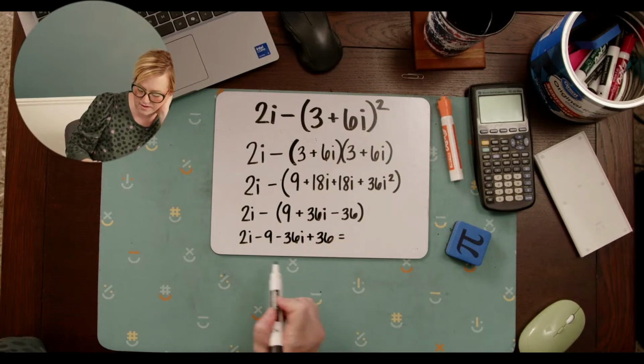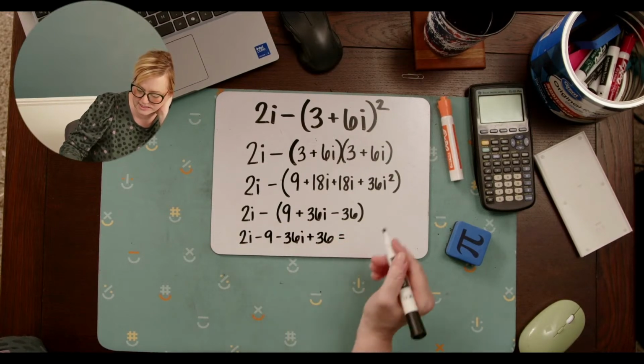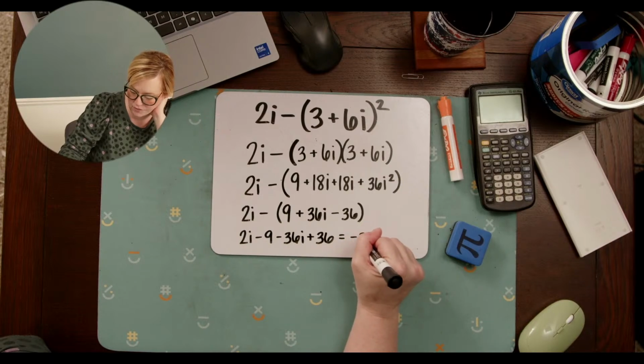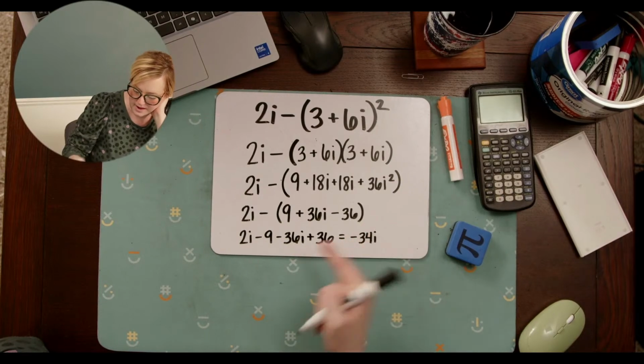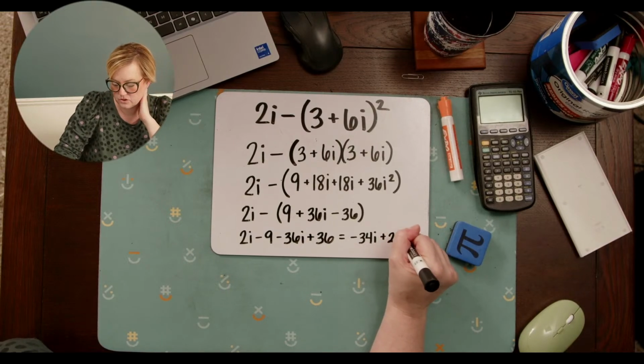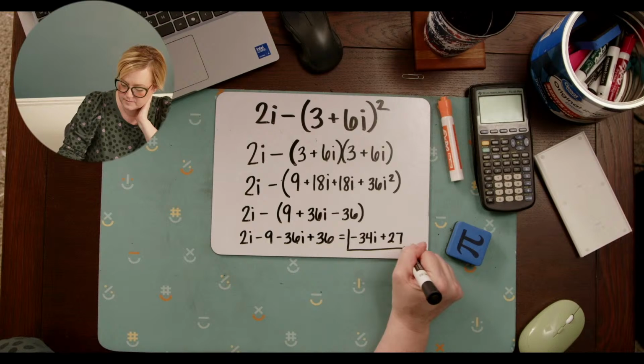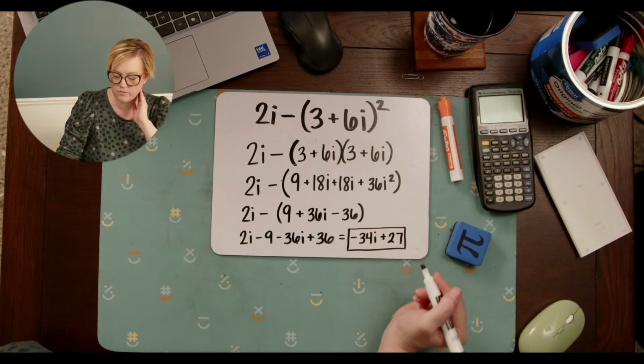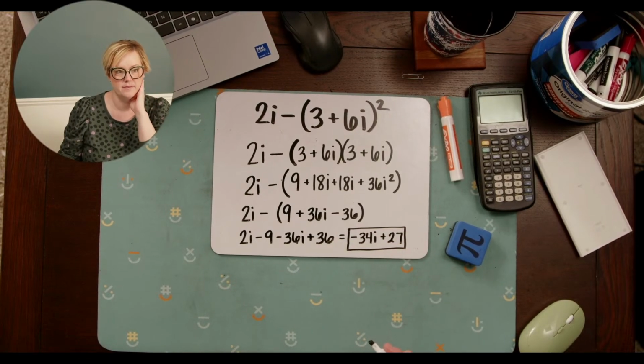So I have 2i minus 36i, so that's -34i. And I have -9 plus 36, which would be plus 27. So that's how I would simplify that one.